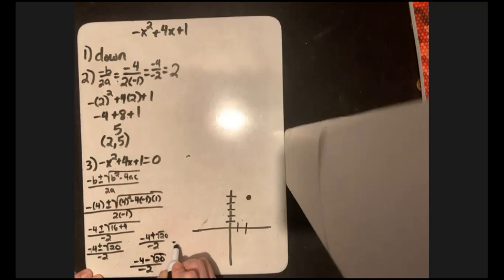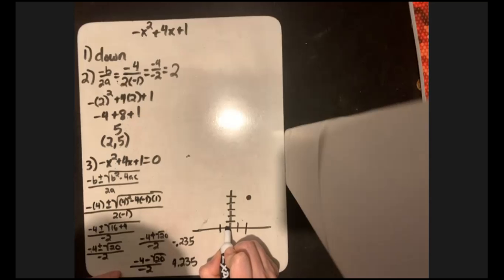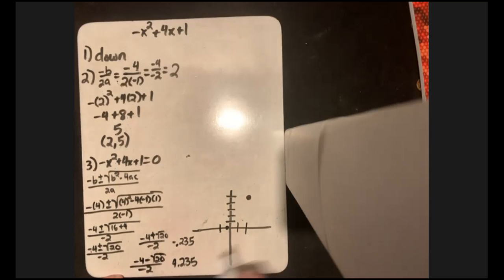negative 0.235 and 4.235. Okay, so plotting those points and getting as close as I can. This is really close to a quarter. So I'm going to spot that in, and this is at about 4 1/4. So it's going to be about there.